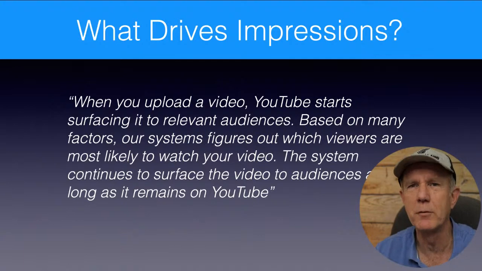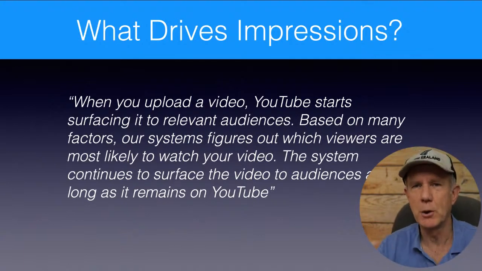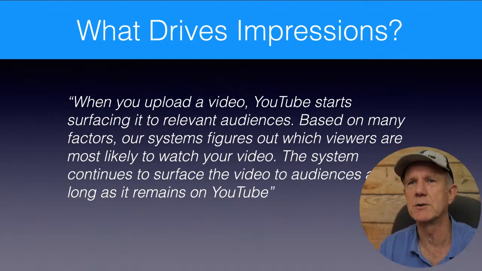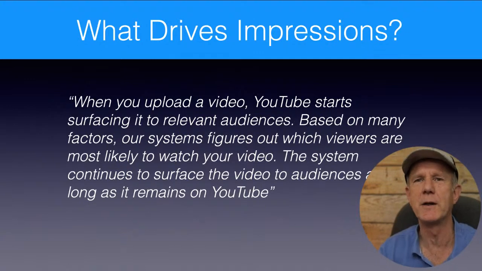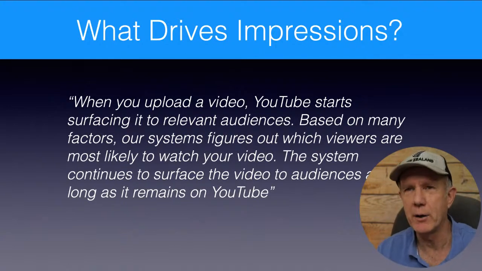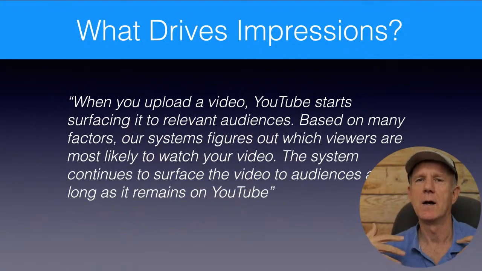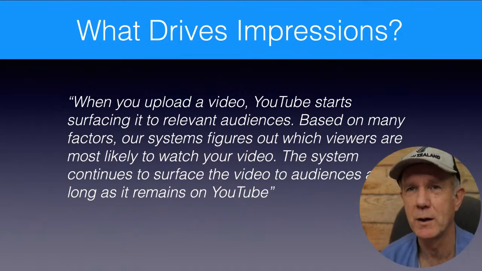When you first upload a video, YouTube will surface it to a particular, relevant audience. And then if your audience loves the video and watches the video, YouTube's going to send it out to a wider audience. And maybe if it goes viral, then for sure people really love that video.